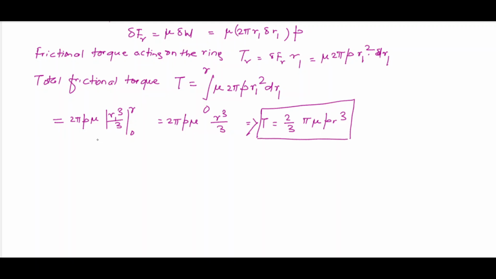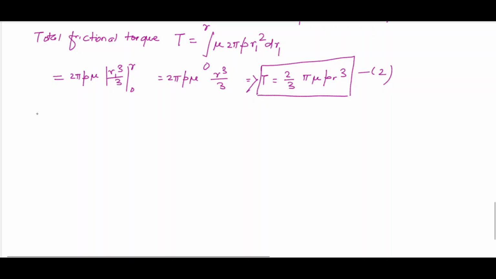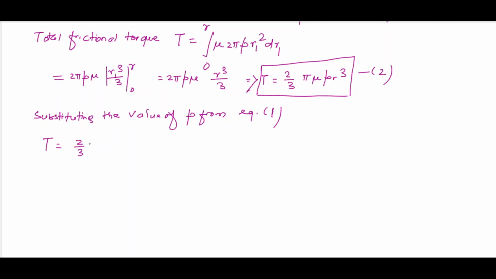Now if you substitute the value of p from this equation, let's say this is 1 and this is 2, so substituting the value of p from equation 1, T will be equal to 2 by 3 pi mu.